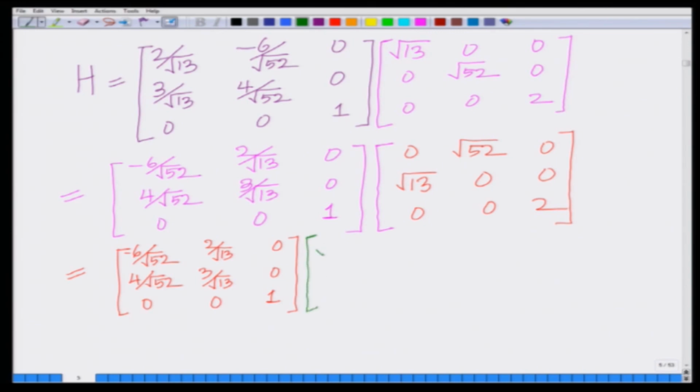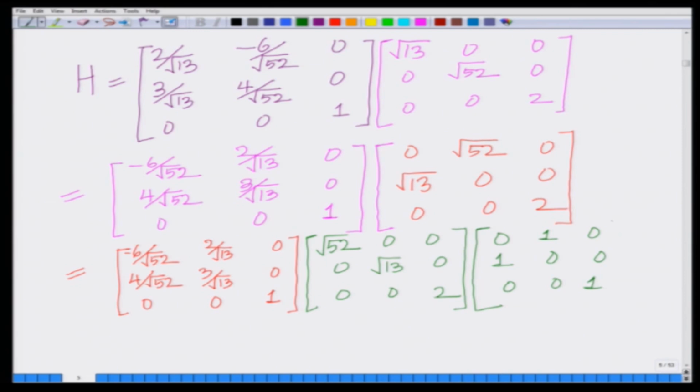Now, let me make this a diagonal matrix: square root of 52, square root of 13, 2, 0, 0, 0, 0, 0, 0, and now I can multiply this by the matrix which is 0, 1, 0, 1, 0, 0, 0, 0, 1, and now you can see this will swap the columns of the diagonal matrix.